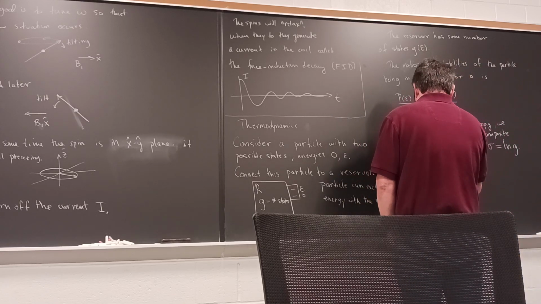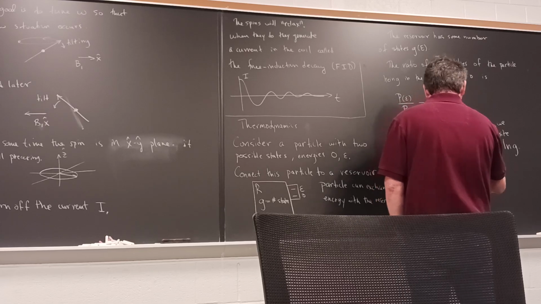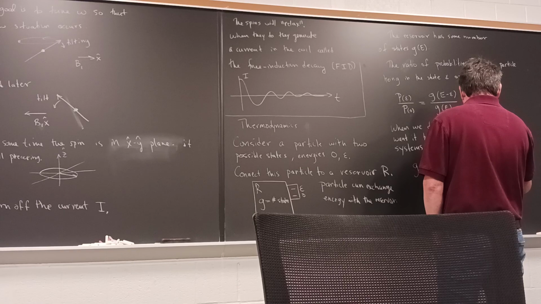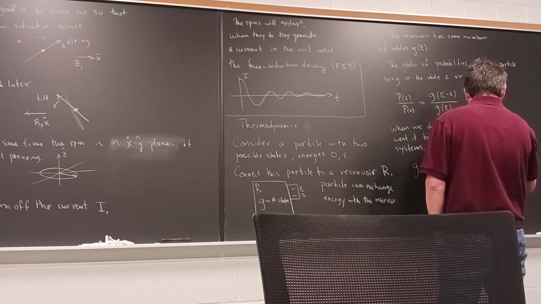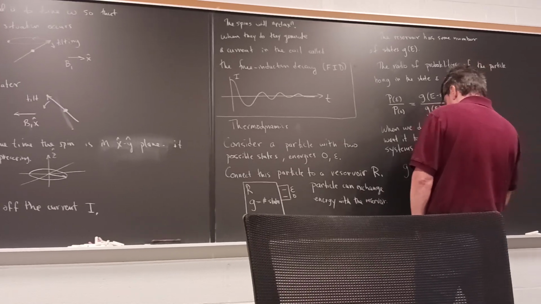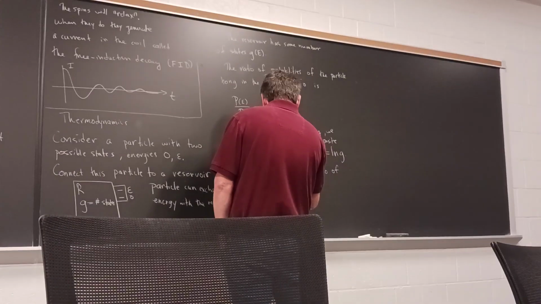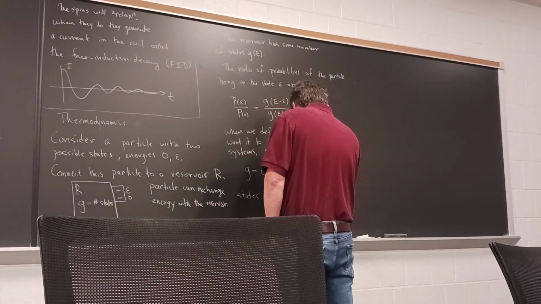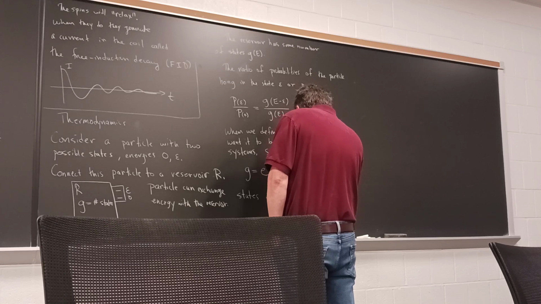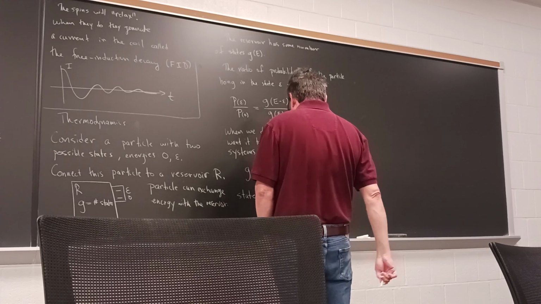And so G is equal to e to the sigma, and the ratio of states is P of epsilon over P of 0.